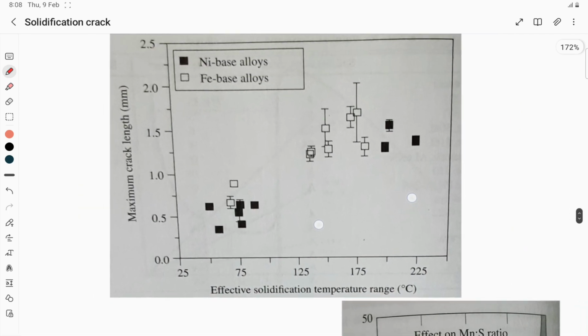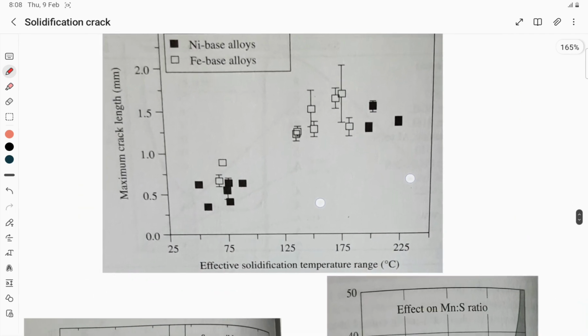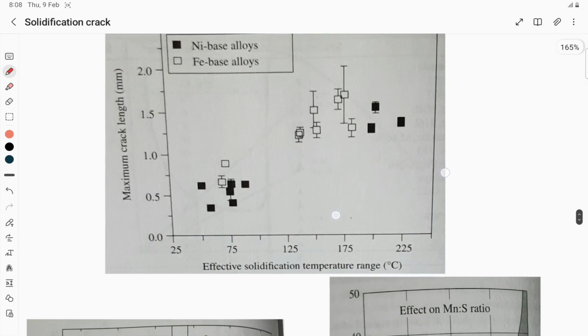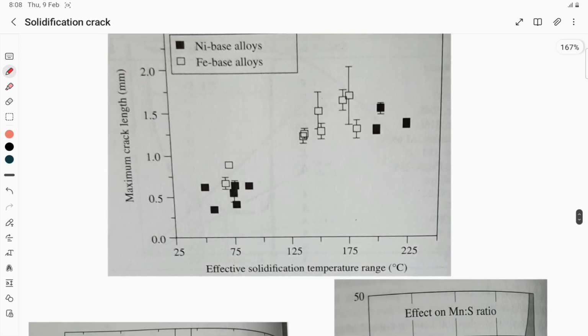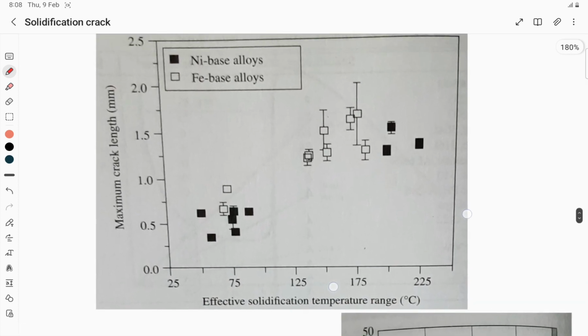Next we will see some examples of how the solidification temperature range affects cracking. This was taken from the textbook Welding Metallurgy and Weldability, published by John C. Lippold, Wiley publication. In this picture, the x-axis is solidification temperature range and the y-axis is crack length. With a lesser solidification temperature range, less than 100, the crack length is less than 1 mm.